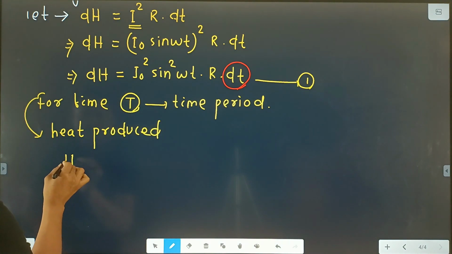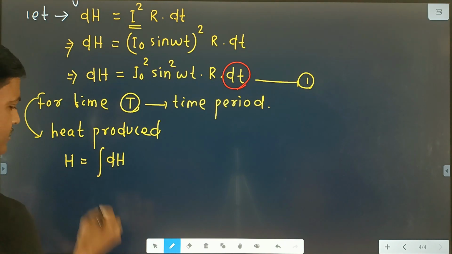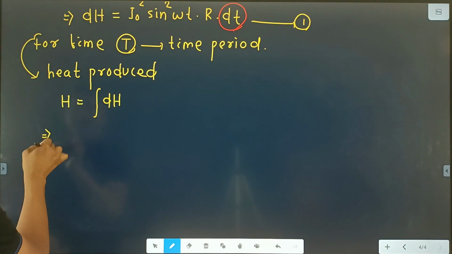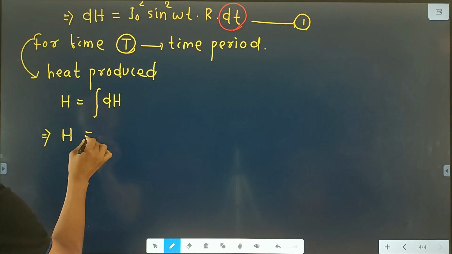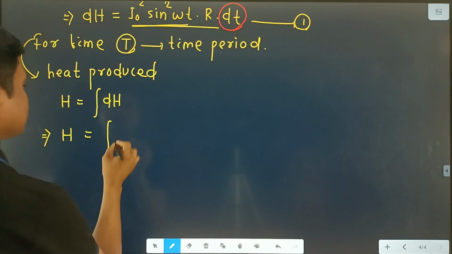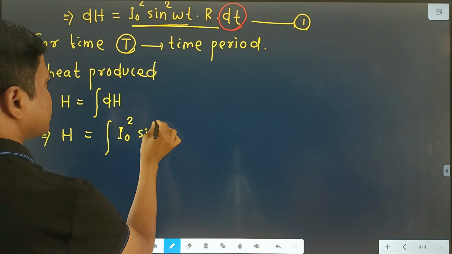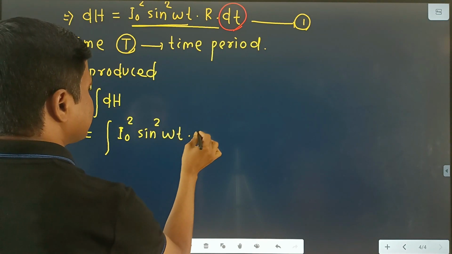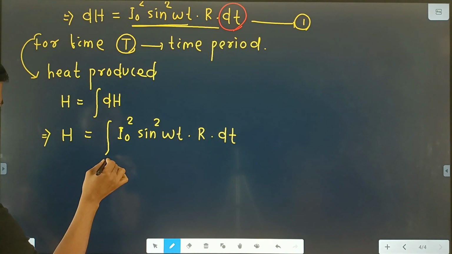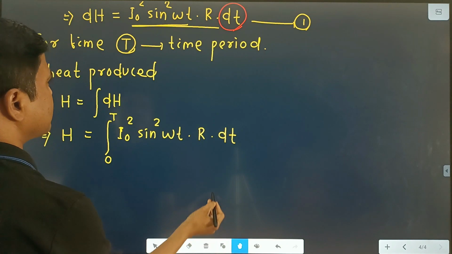H is equal to integration of dH, and we write total heat produced H for time T is equal to integration of, in place of dH we put this equation, I0 square sin square omega t R multiplied by dt, and time varies from 0 to capital T. Clear?